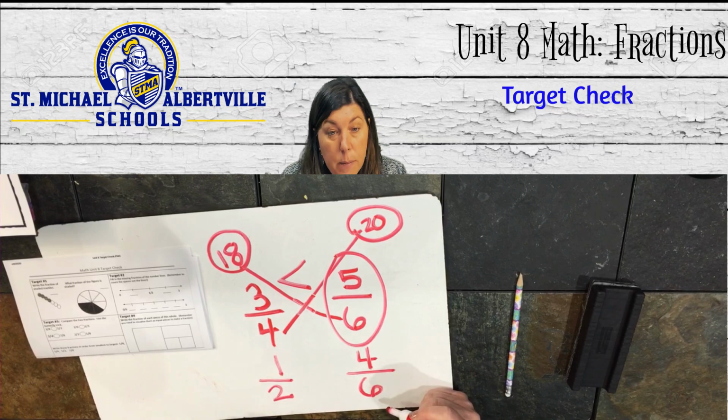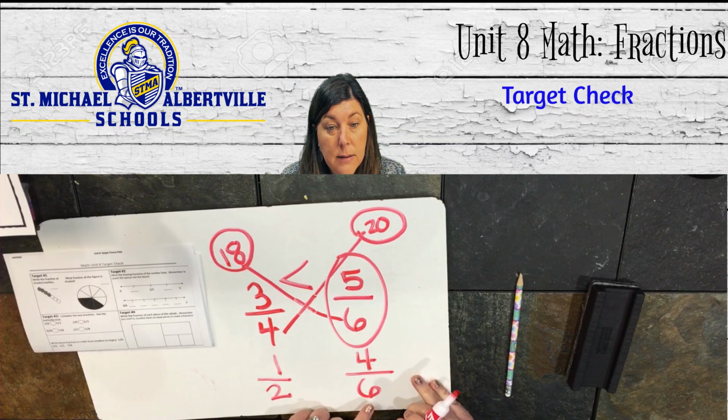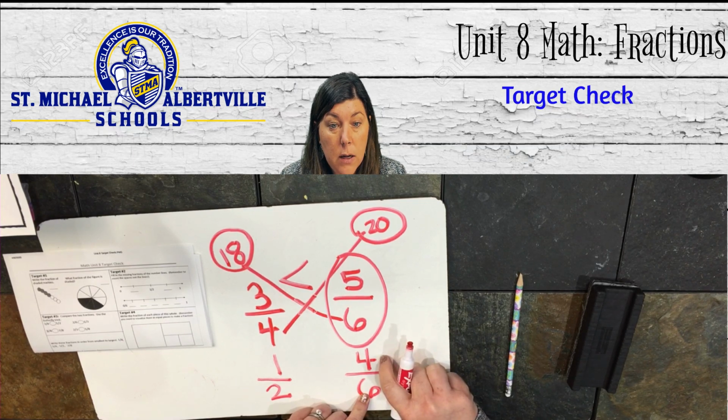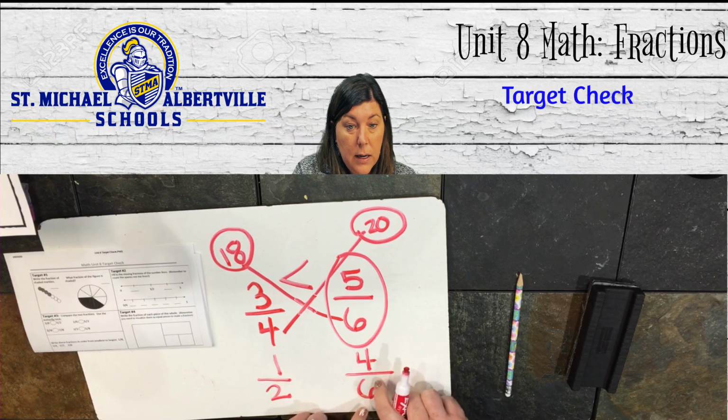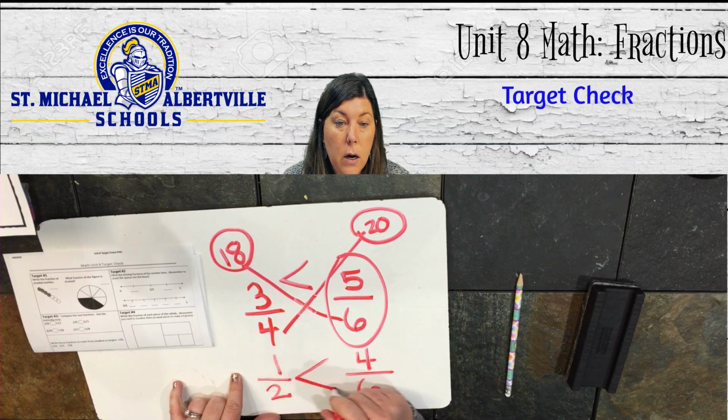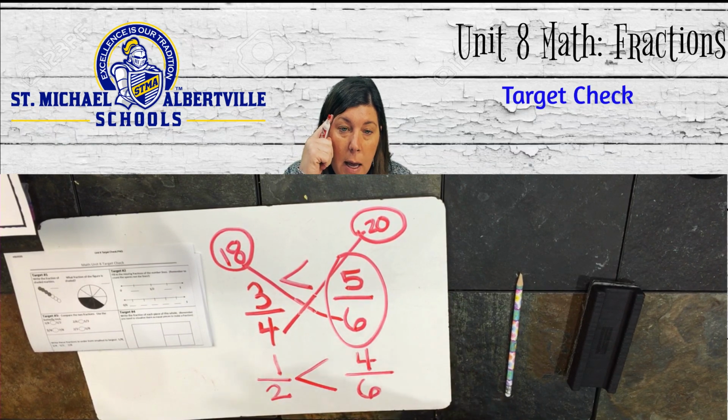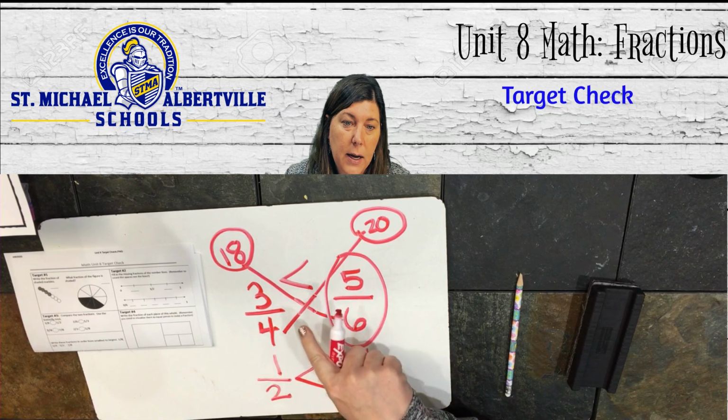Well, I should be able to do this one in my head because I know that half of 6 is 3 and 4 is bigger than 3. So that means that this one is greater. I could do that one in my head. Some of these you'll be able to do in your head. Other ones you will need to work out using the butterfly trick.